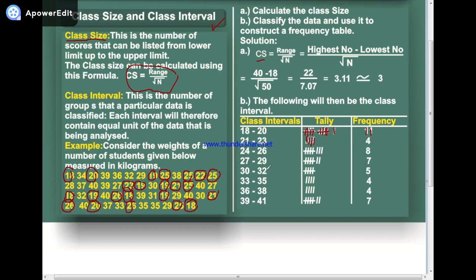So that means the number that falls within the range of 24 to 26 is 8. So that is how we arrive at these two. Do you understand?